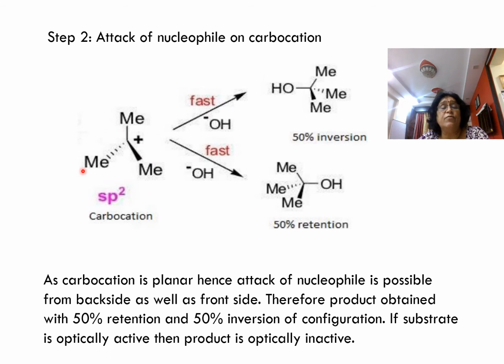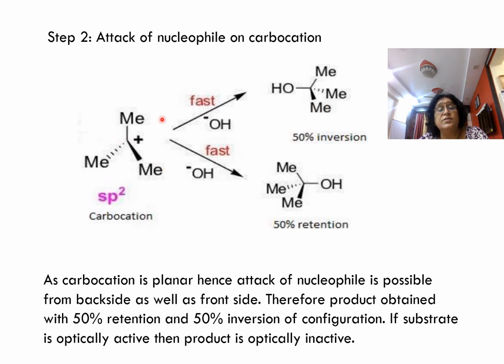So in the second step, what happens? The OH nucleophile attacks on the carbocation. Here the front side and back side are both available for forming the bond. So OH can attack from the back side or from the front side. When it attacks from the back side, it leads to inversion of configuration.